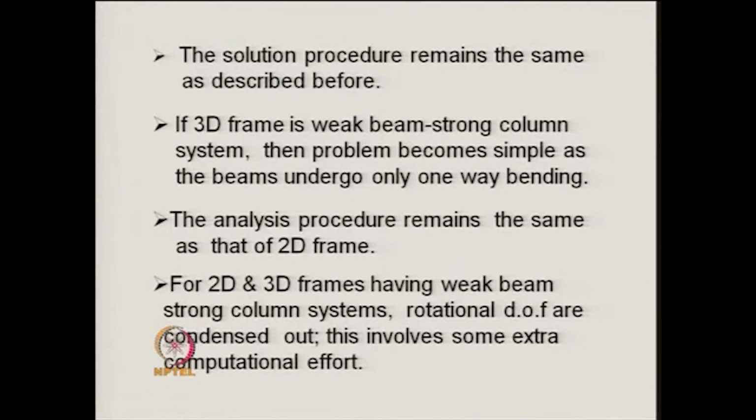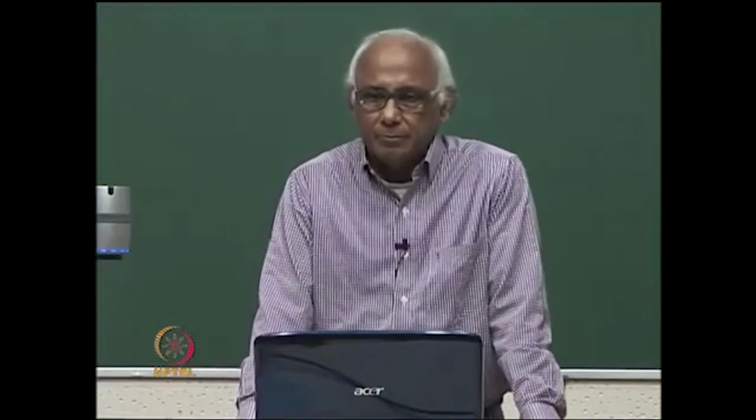So, for a 2D frame or the 3D frame having a weak beam strong column system, the calculation procedures remain the same, but some extra precaution has to be taken for condensing out the rotational degrees of freedom in the system, because the rotational degrees of freedom do not enter into the problem as dynamic degrees of freedom, and in most cases we condense out these rotational degrees of freedom.